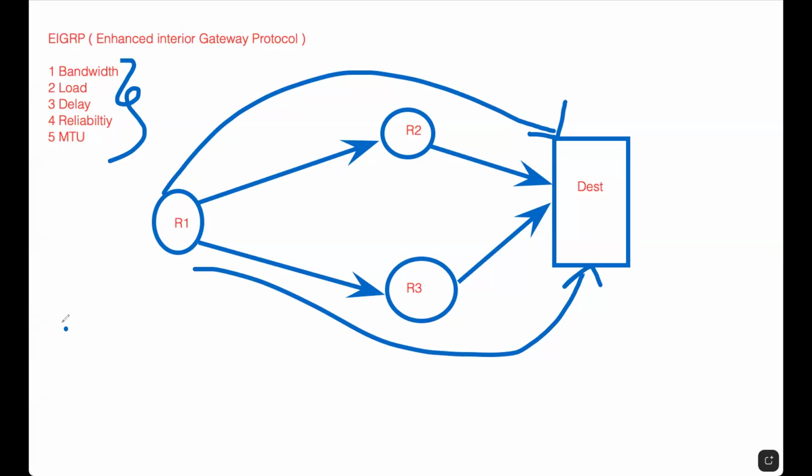If K equal to 1, we are taking it into consideration. If the K equal to 0, we are not taking it into consideration. That is the basic value. Okay.